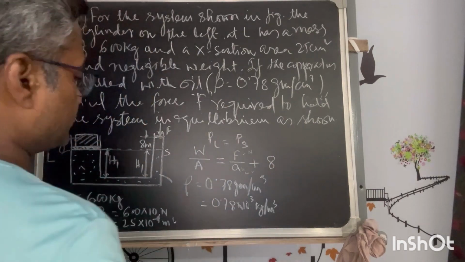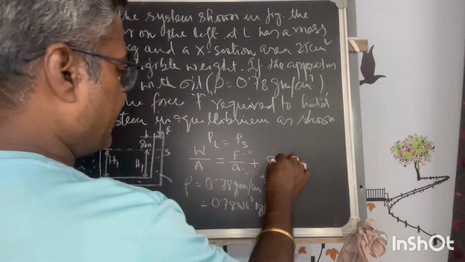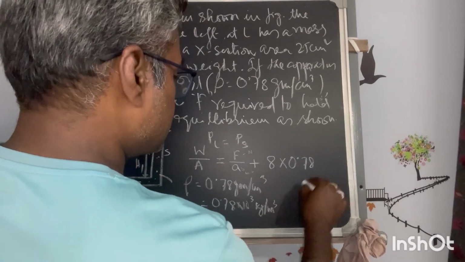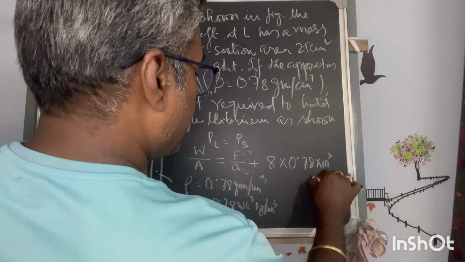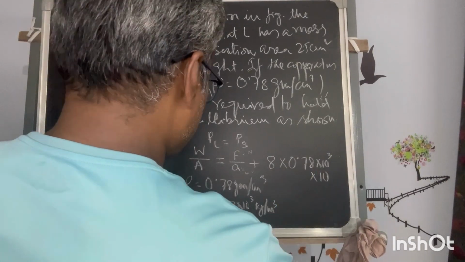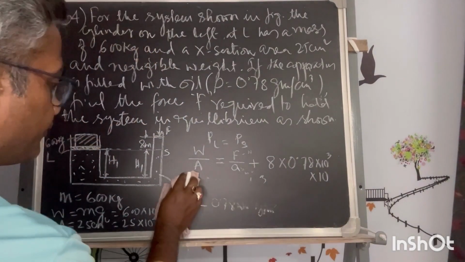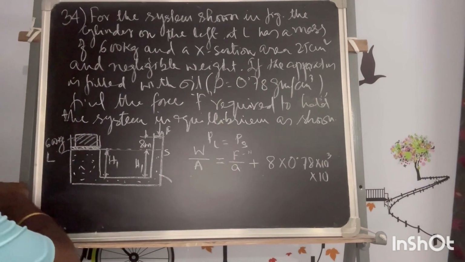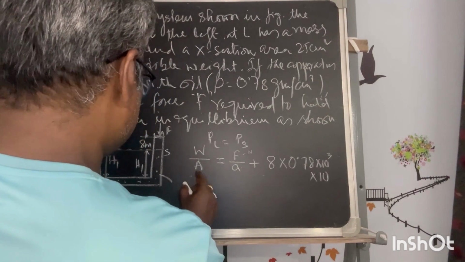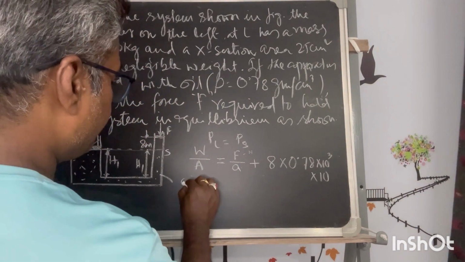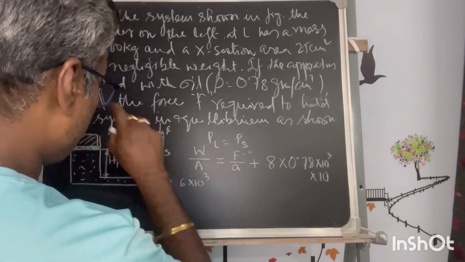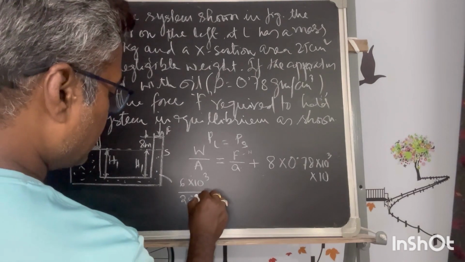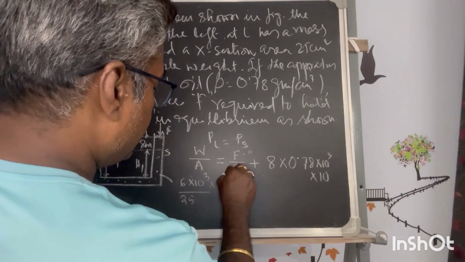Okay, and the force due to this liquid column, H into rho is this into 10 to the power 3 rho, and G also we will take in SI unit. So this will be the case. So if I go in calculation, W was there 600 into 10 to the power 3, that was the weight, and area was 25 there in 10 to the power 4.